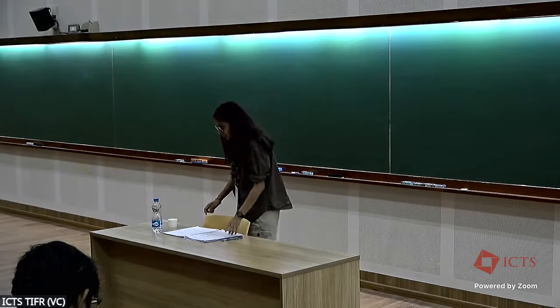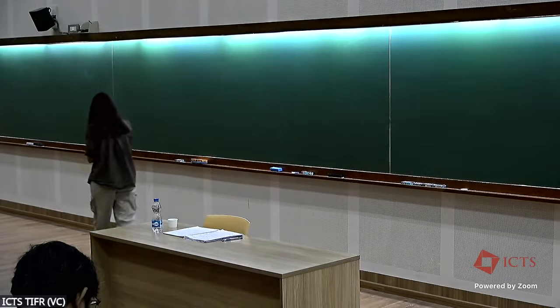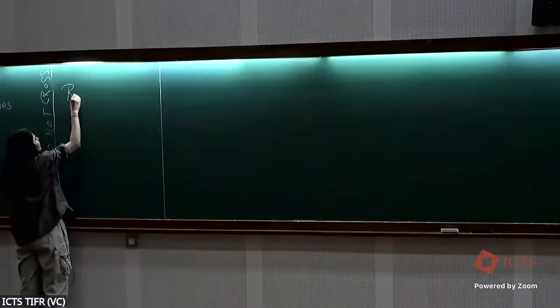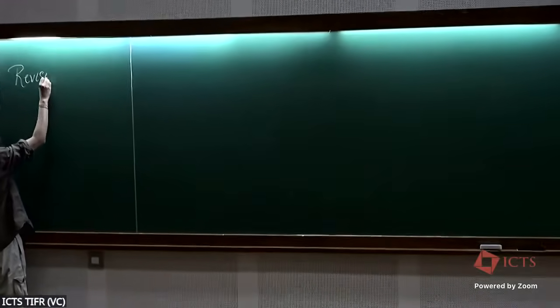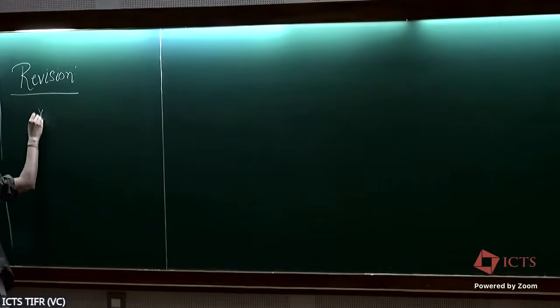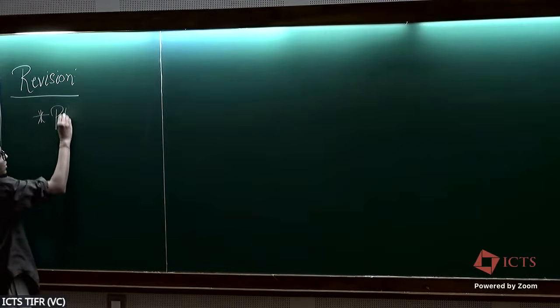So before going into the details of what we will do today, let's have a quick revision of what we did so far. In lecture 1, we said that PN information is not enough.